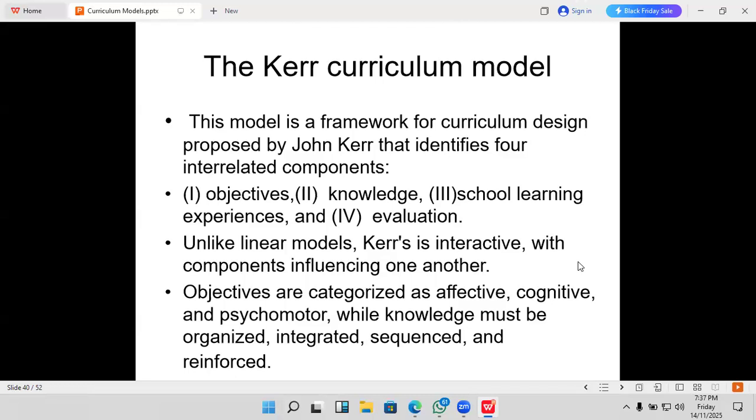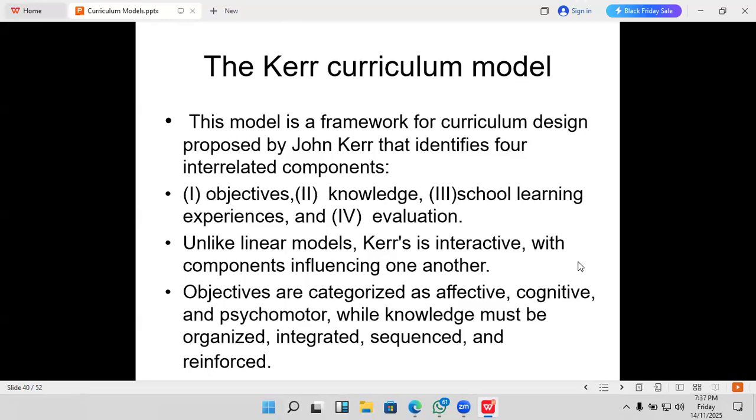Objectives are categorized as affective, that is a new thing, cognitive and psychomotor. Here we can see Kerr has used psychological theory to develop his model. Affective, cognitive, and psychomotor, those are new things.